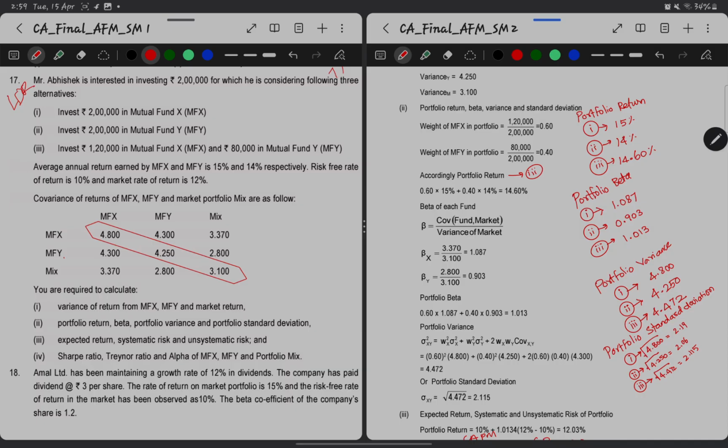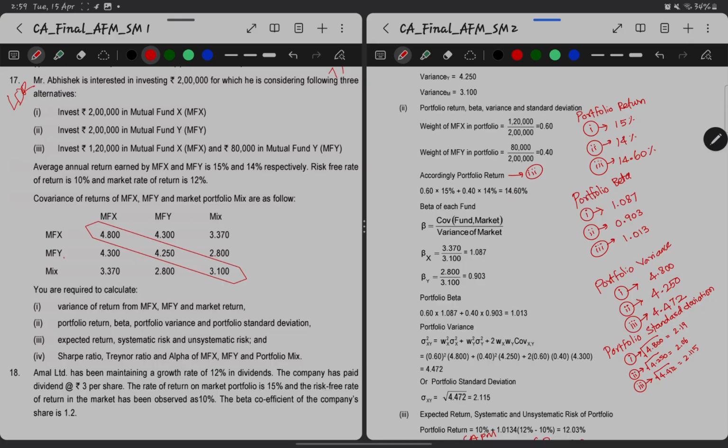Portfolio is nothing but whatever investments we have. I can invest in only one stock, and even then my portfolio will have only that one return. So all three alternatives have to be considered when they ask this general requirement, because they have not specifically mentioned the third alternative.